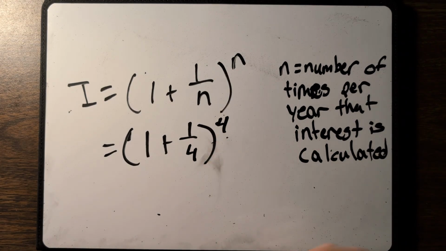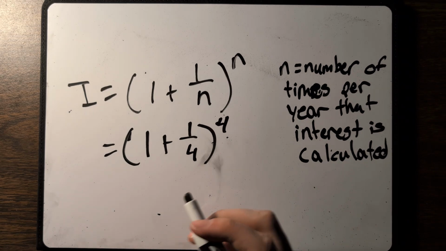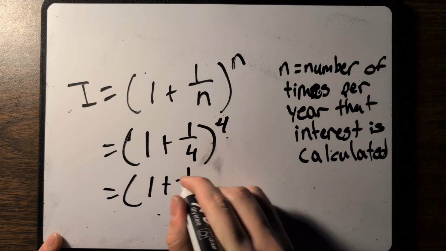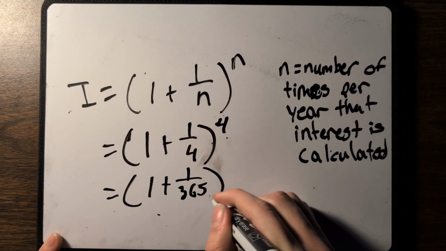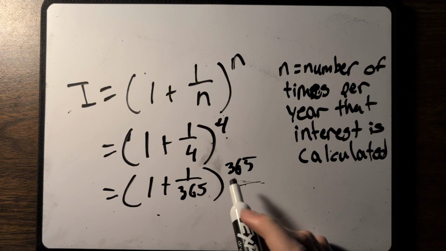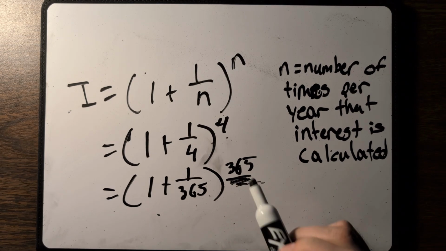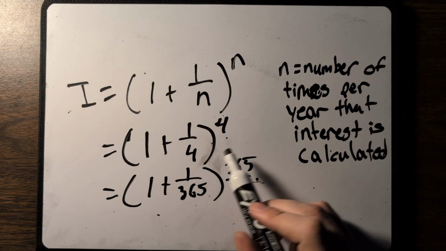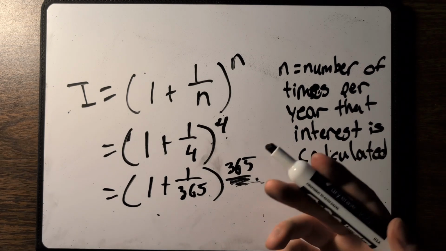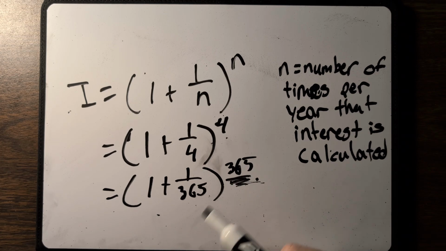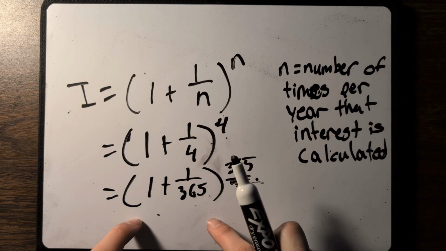Now, what if we say we're calculating it daily, which would make it (1 + 1/365)^365. This power is humongous. It doesn't even matter what number is here. This is going to be larger in the end, right? Because our exponent is going to have much more weight on this end total.